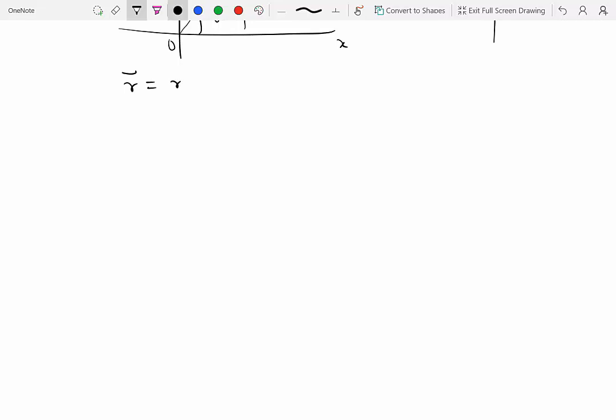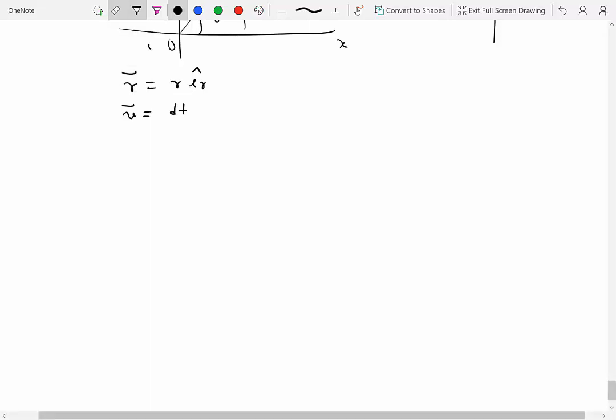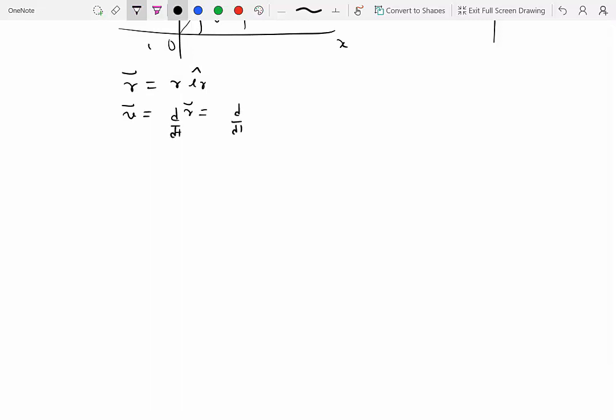Okay, so in the polar coordinate system, the position of a particle is given by the distance, which is the magnitude part of the position vector, and the unit vector along the radial direction. So r is given as r er hat. This is our starting point. If this is the starting point, then what is the velocity? It's d over dt of r er hat.